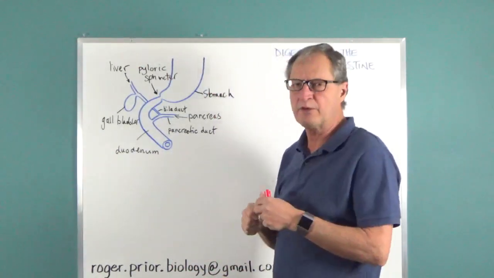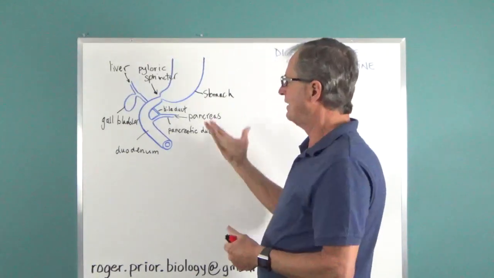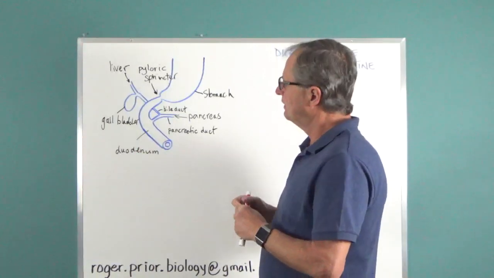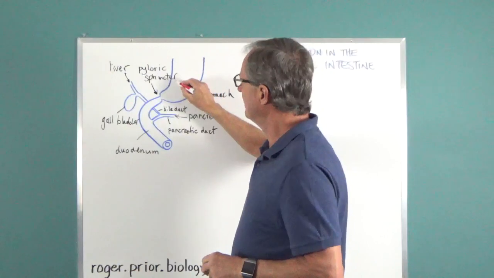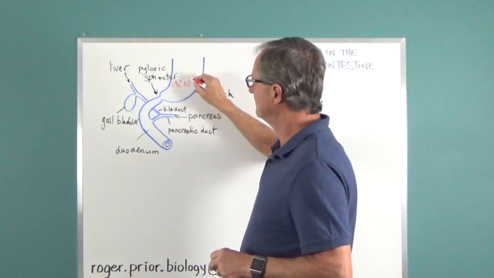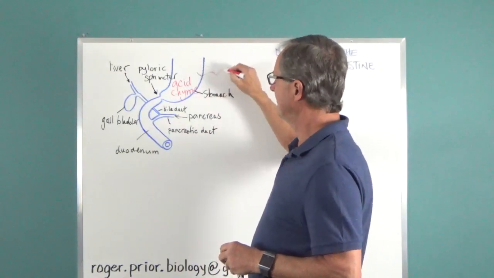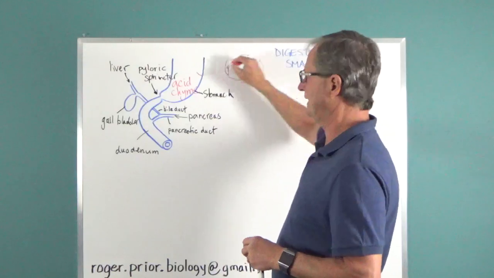So now that we've looked at what the anatomy is, we can consider what happens when the food materials get into this region. When we left the food material in the stomach, it was called acid chyme. The pH of the acid chyme is around 2, quite acidic.